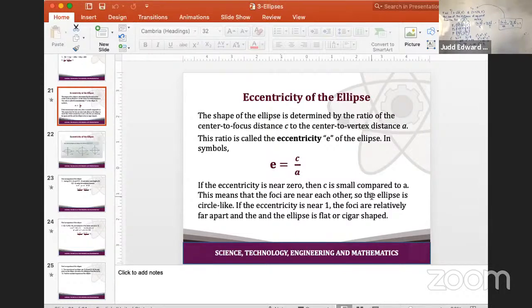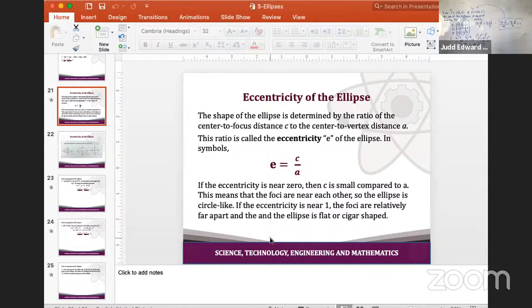If the eccentricity is near 0, then C is small compared to A. This means that the foci are near each other, so the ellipse is circle-like. Uulitin ko, kapag papalapit ng papalapit sa zero yung eccentricity ng ellipse, nagiging somewhat circle siya. Pero kapag yung eccentricity natin is equal to zero, what type of conic section is that?